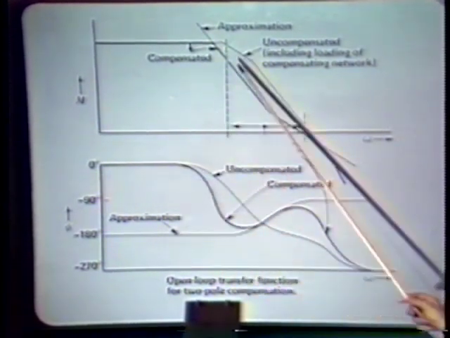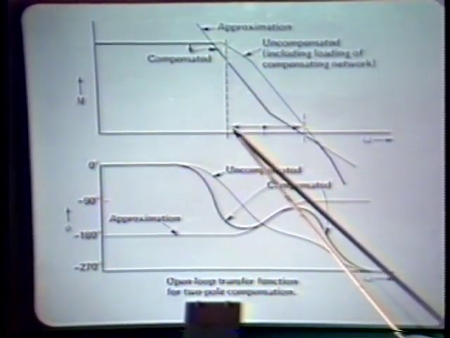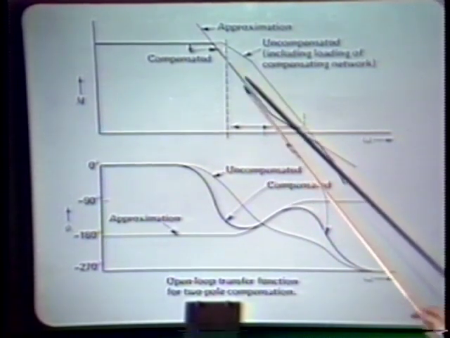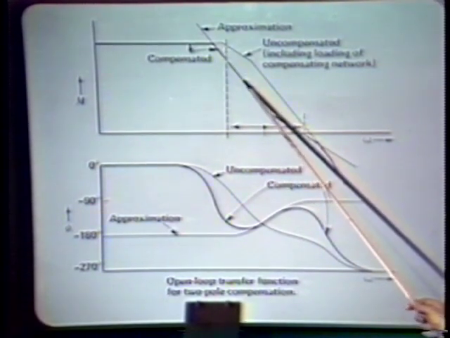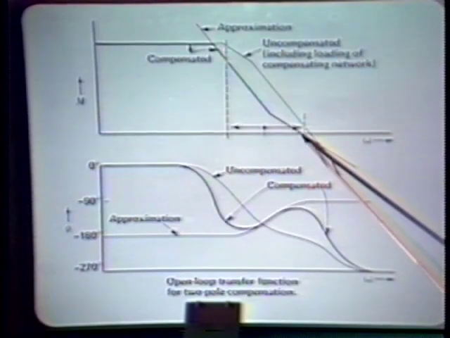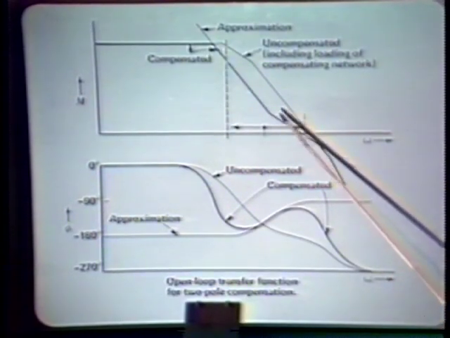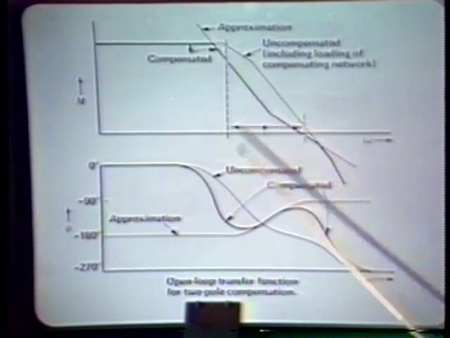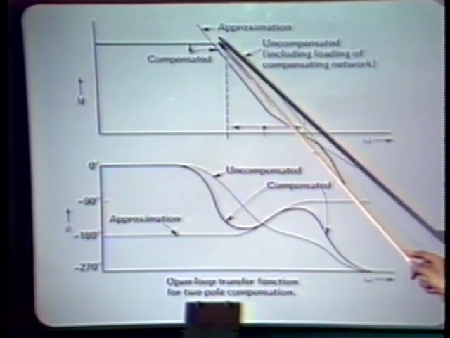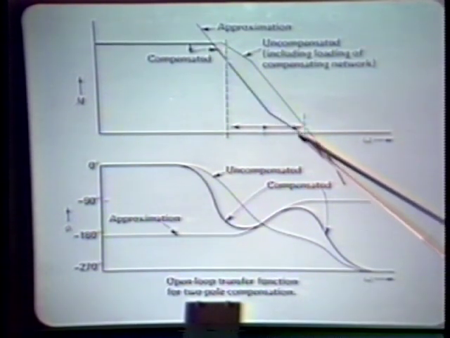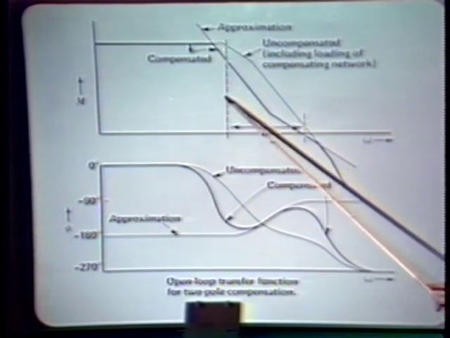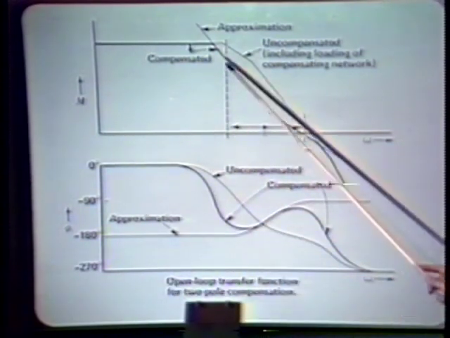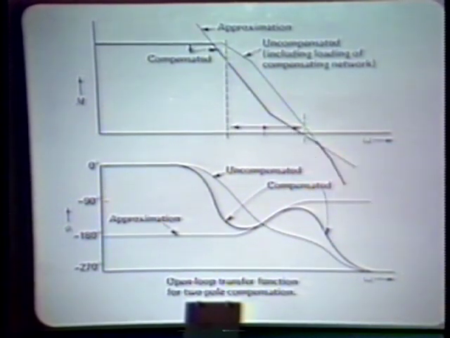Here we might argue that between about this frequency and this one, the approximation, the 1 over s squared and then a 0 kind of approximation, very accurately predicts the behavior of the amplifier. So the hope is that the crossover in our major loop would occur somewhere in this region. We could use the approximation to predict behavior.